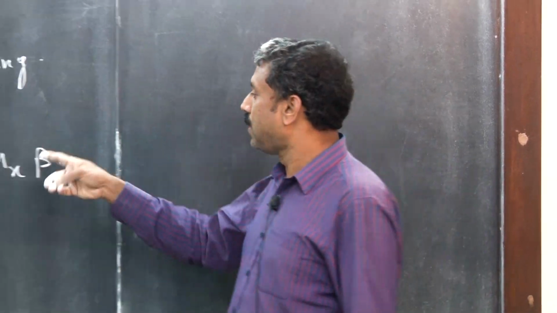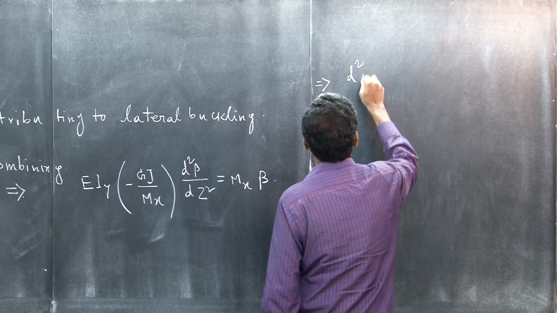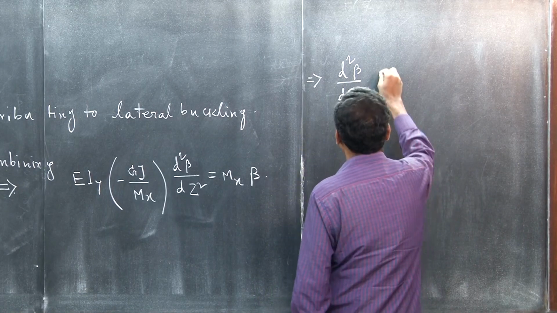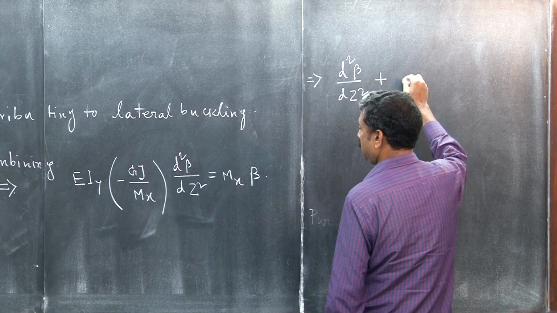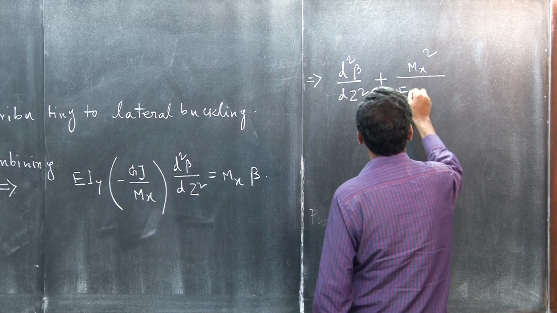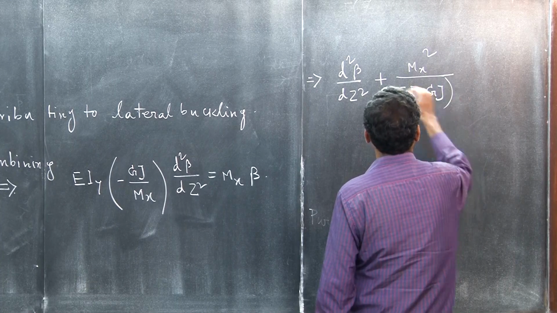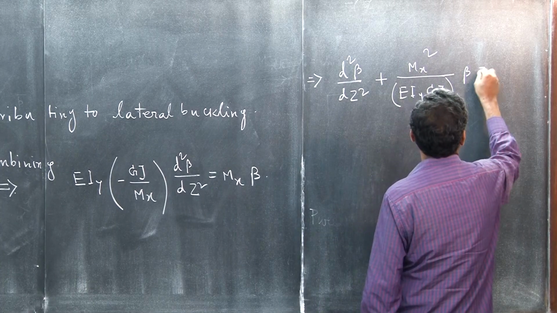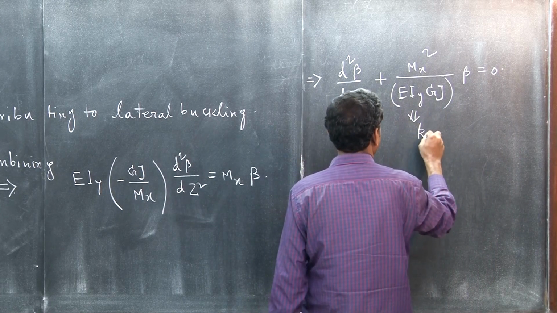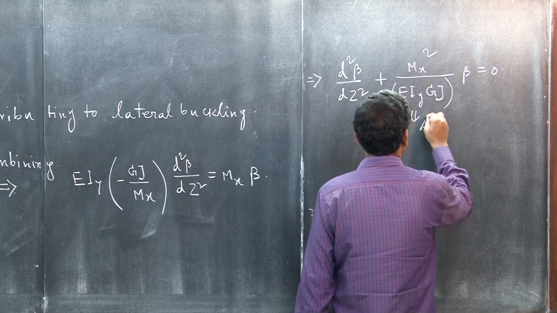Now this one equation we can solve. d2 beta/dz2 plus Mx square over EIy GJ beta is equal to 0, and this one we denote as lambda square.